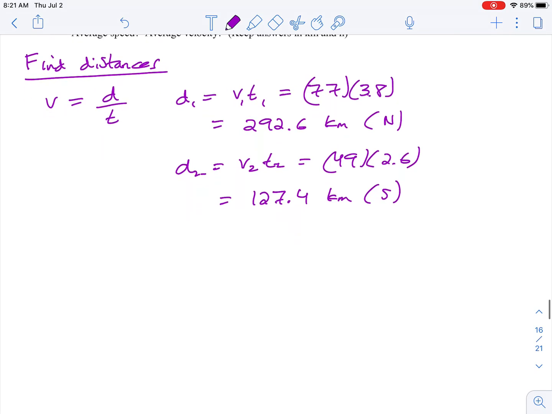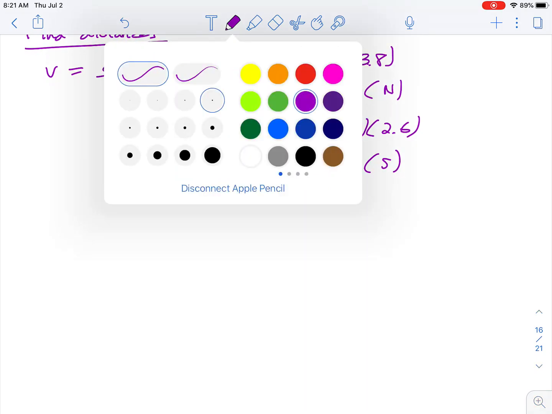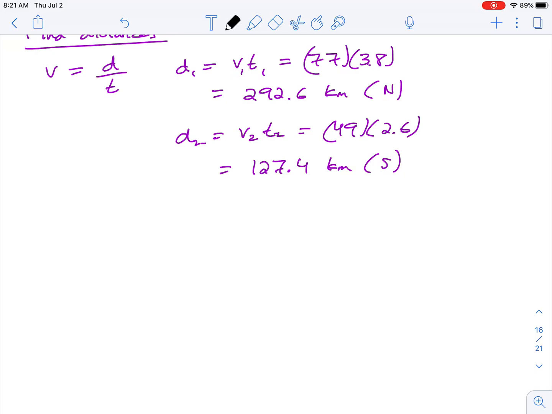Then what I recommend you guys do is draw this diagram. So I'm just going to do this over here on the side. So first it travels 292.6 kilometers north. And then from there, it then travels down or to the south at 127.4 kilometers.